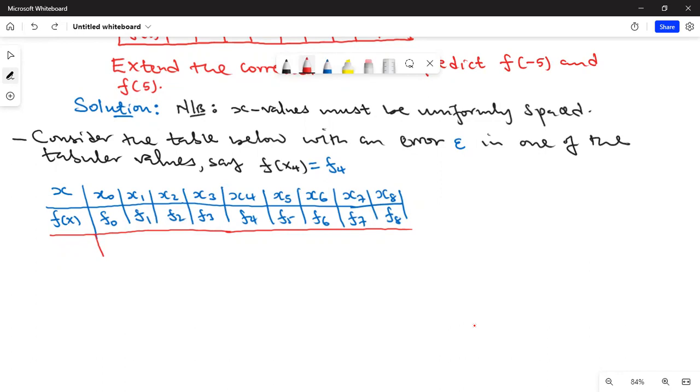So remember that only f4 has an error in it. The other functional values are correct. They don't have any error.